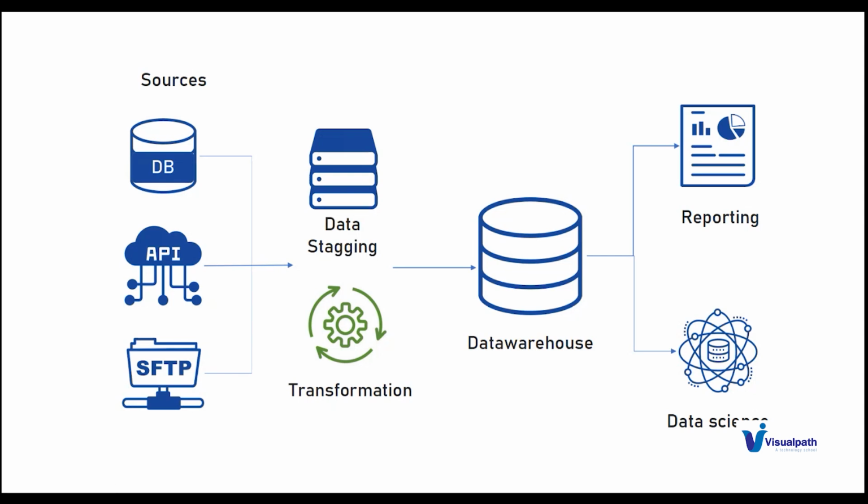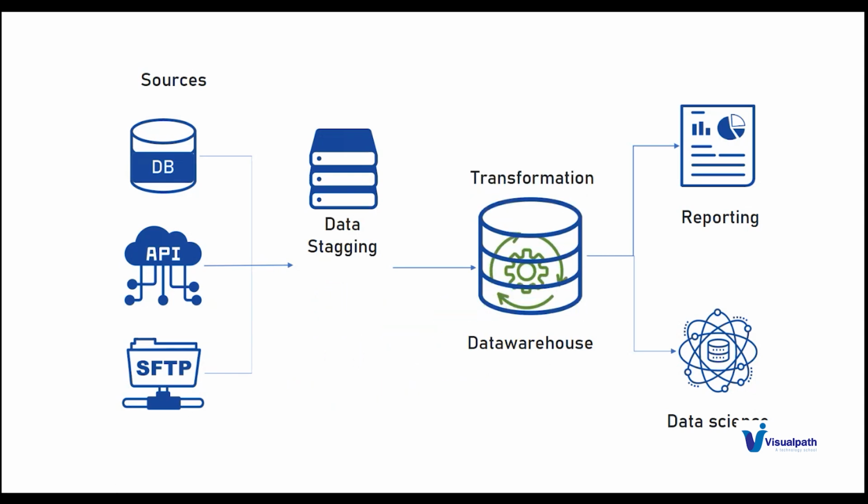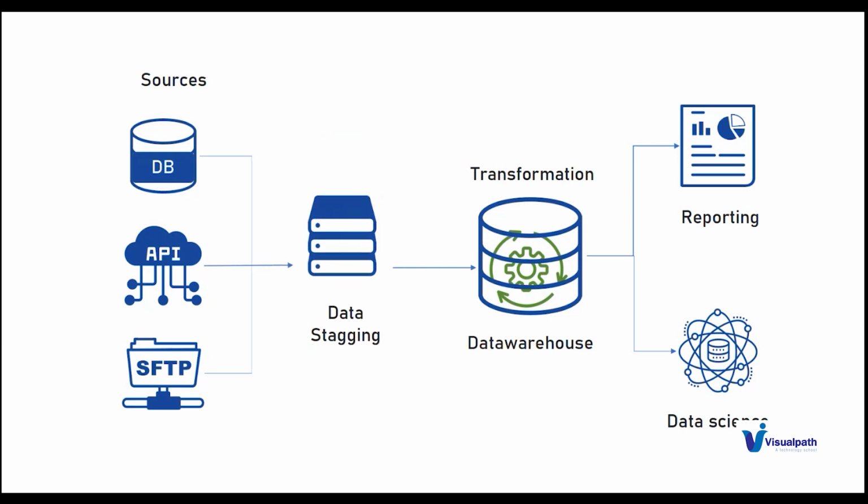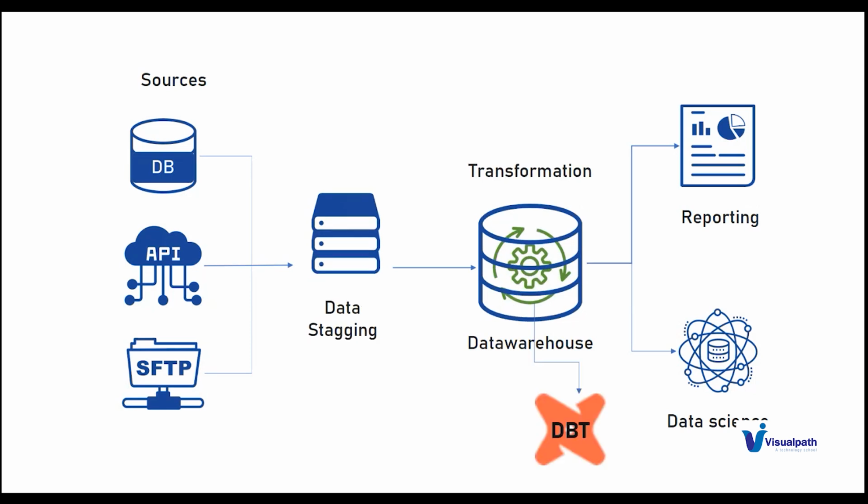The transformation part is shifting to your data warehouse, because it is powerful enough to do all these transformations. So the trend has changed from ETL to ELT. Here you extract the data first, load it into the data warehouse, and then transform inside the data warehouse. Now, where does DBT come into the picture in this pipeline?